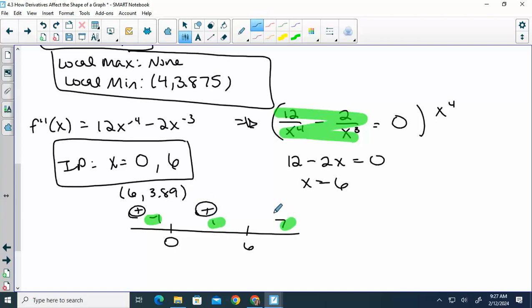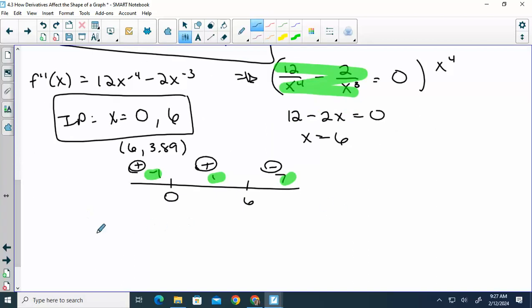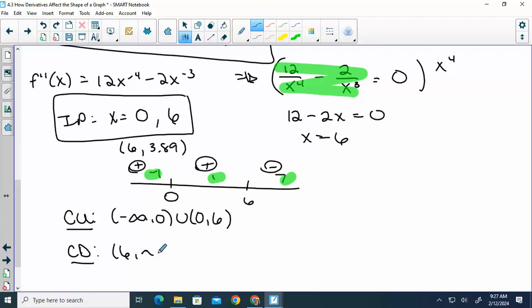Put in a 7, and then we get a negative. Now, I actually cannot just say it's concave up from -infinity to 6. Does anyone know why? Vertical asymptote. We have a break in our graph. So we have to say from -infinity to 0, union 0 to 6. Because we know at 0 our graph doesn't exist. And concave down after that.